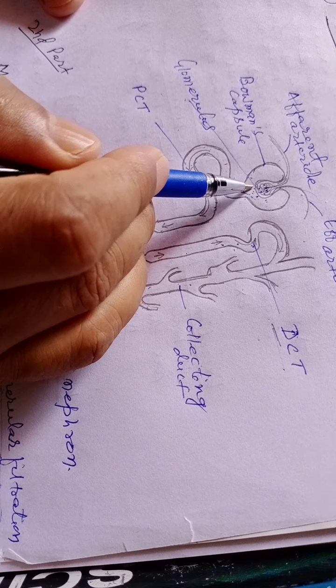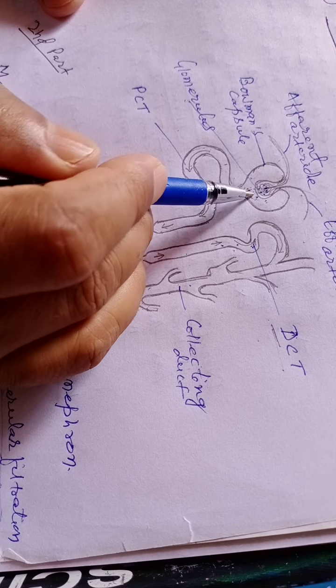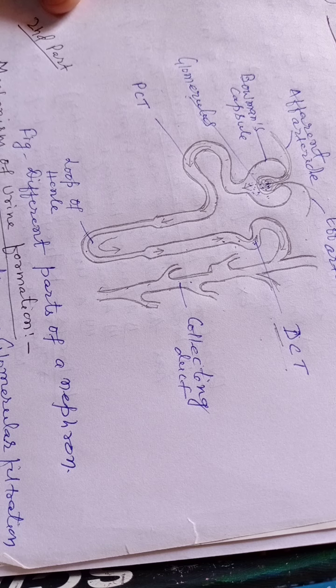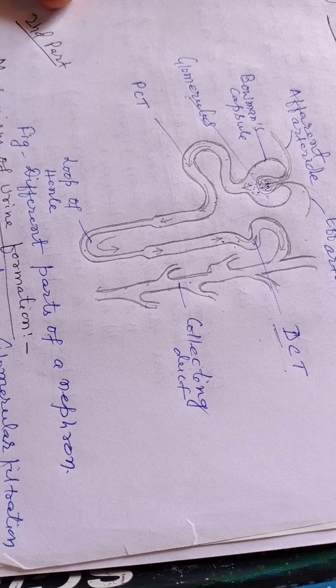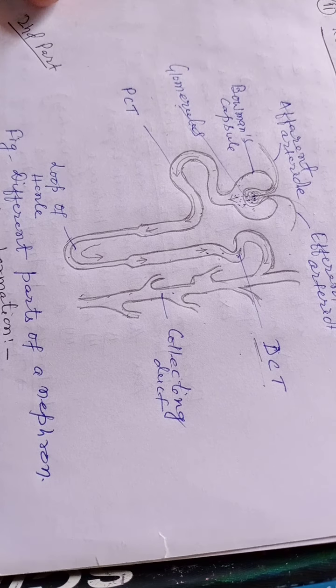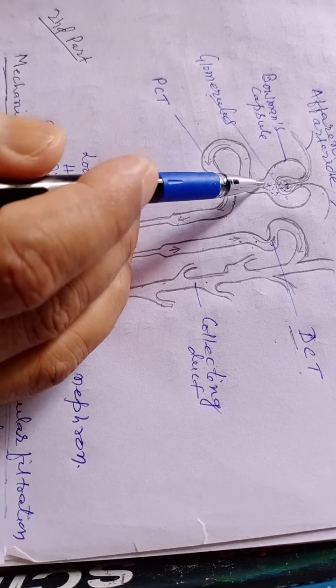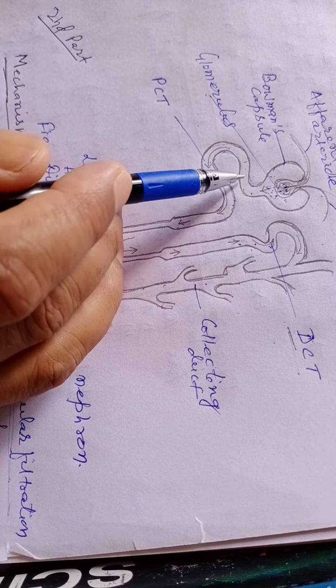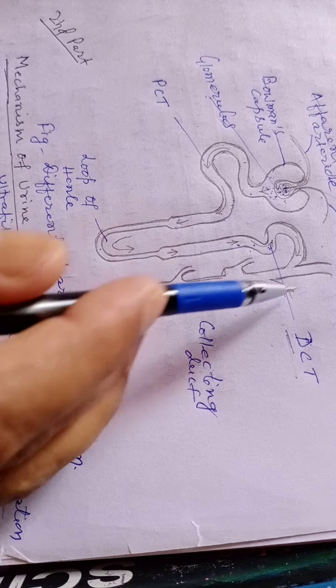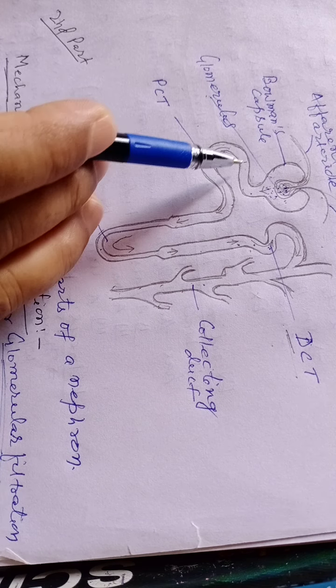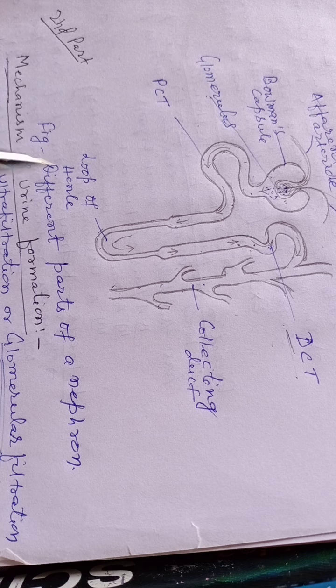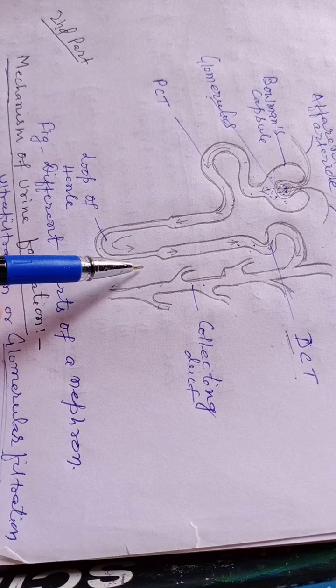Here now the filtrate consisting of water, glucose, and the organic or inorganic waste product all comes in the lumen, and this lumen consists of a long tubular structure. This is the renal tubule part of the nephron.